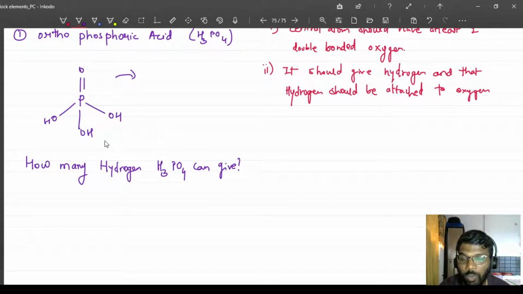If you just have a look at the structure, there are three hydrogens, right? If I show these bonds in this manner, it is OH, no? So I will show it in this way: OH, here also it is OH, and this is also OH.